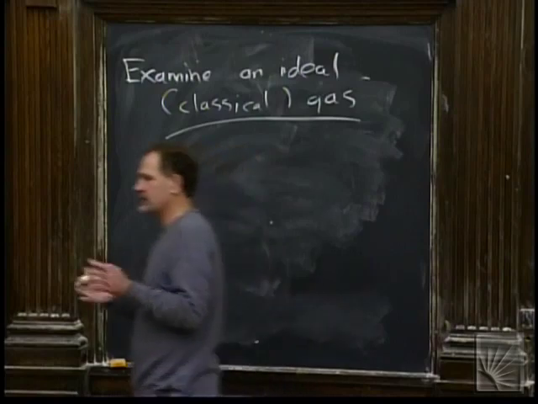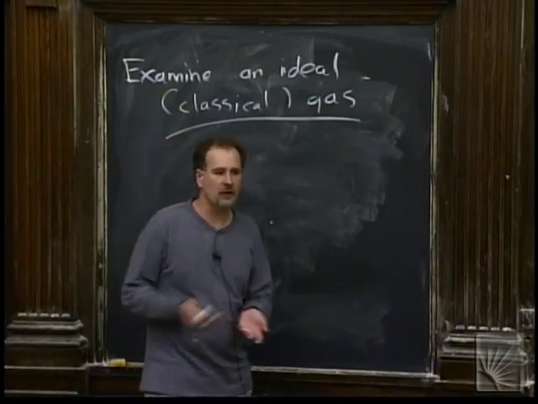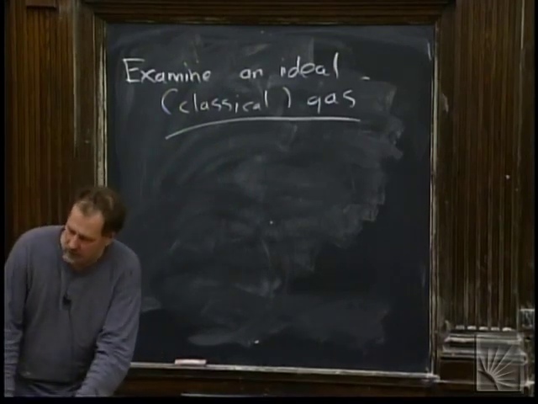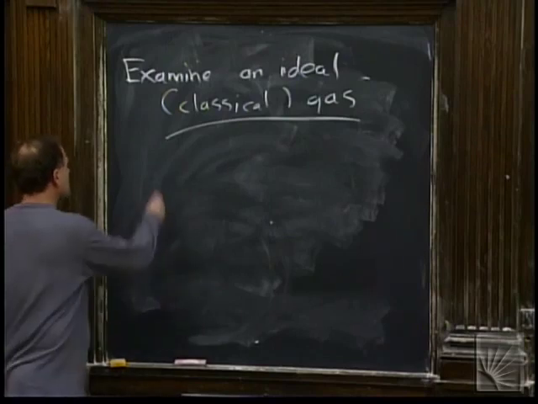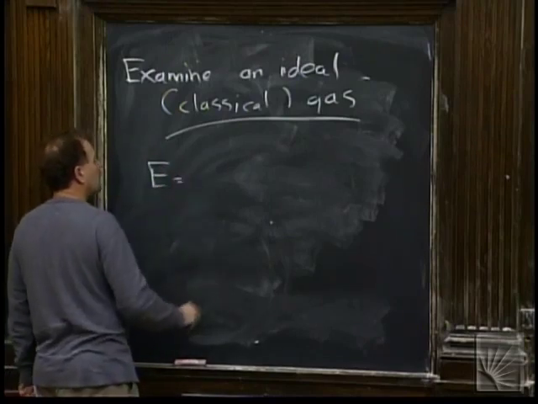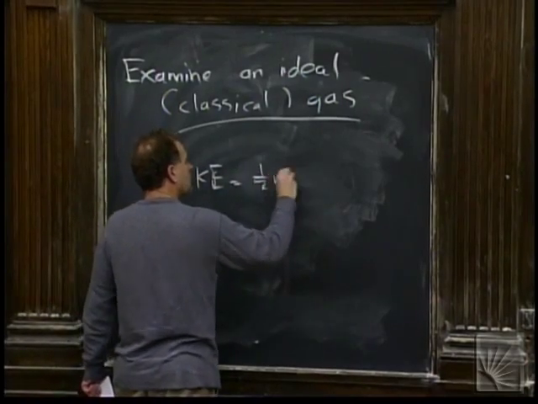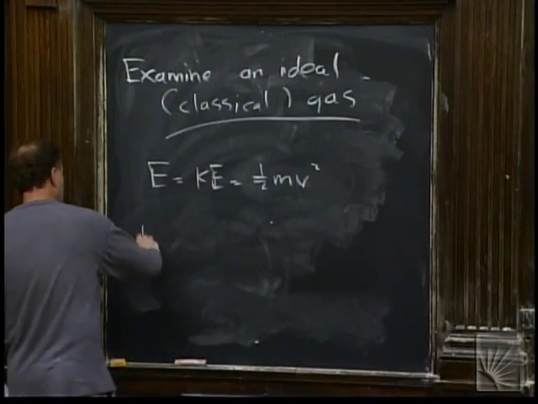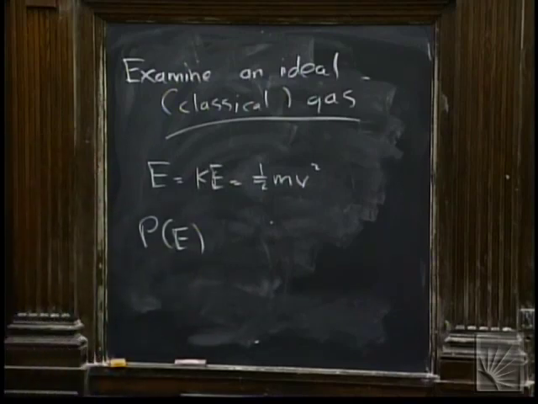I could have been using distributions with a smooth, continuous function of energy all along. And indeed, that's what I'm going to do now. We'll apply it to a classical gas. What's the energy in a classical gas? It's just the kinetic energy, 1/2 mv squared. So I have the probability of E, and I'm going to drop that S. It's now implied.